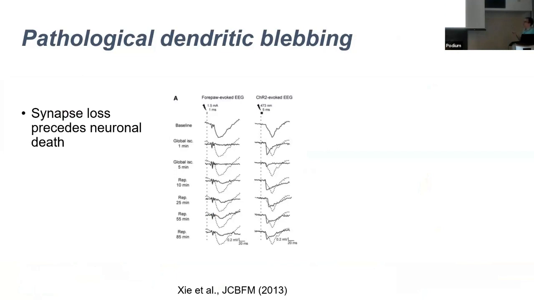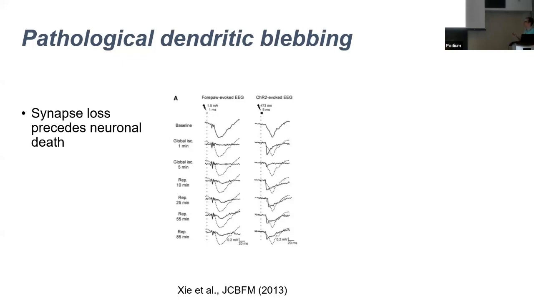And basically the point of showing this is that the neurons are still alive, but they're stripped of their synaptic connections during ischemia. And so the neuron, after reperfusion from ischemia, you can still drive action potential firing by stimulating these neurons with channelrhodopsin.